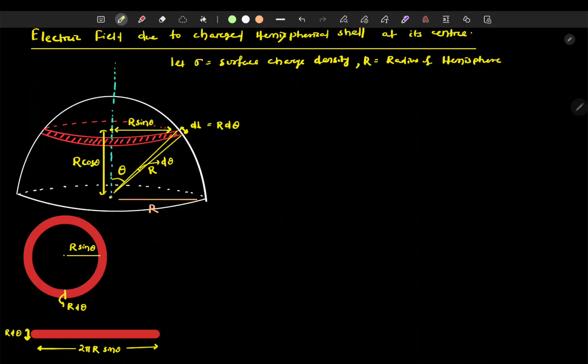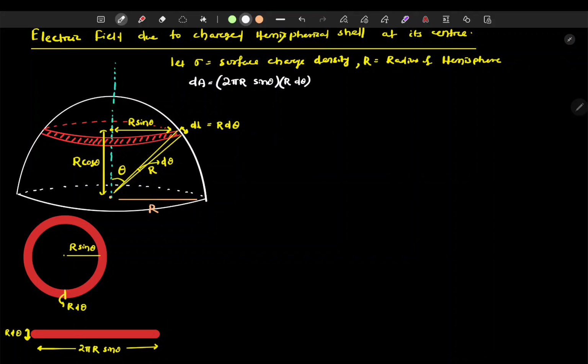Then what is dA? The area of the small strip, dA, will be length into breadth. The length is 2 pi r sin theta and the breadth is r d theta. So it will be 2 pi r sin theta into r d theta. This is the value of dA.